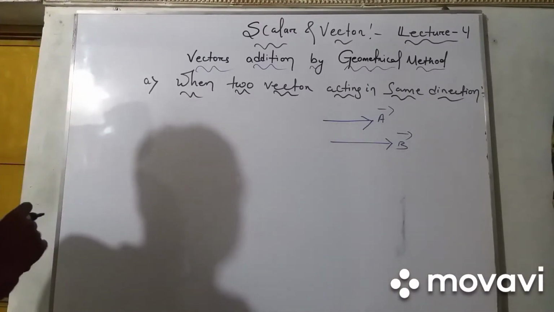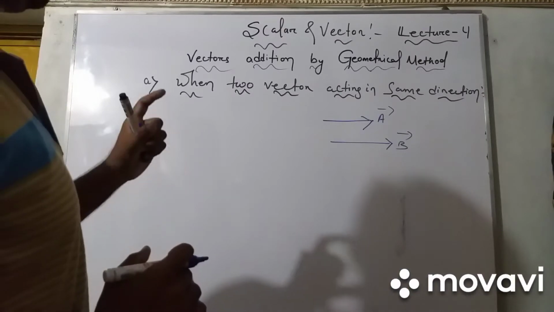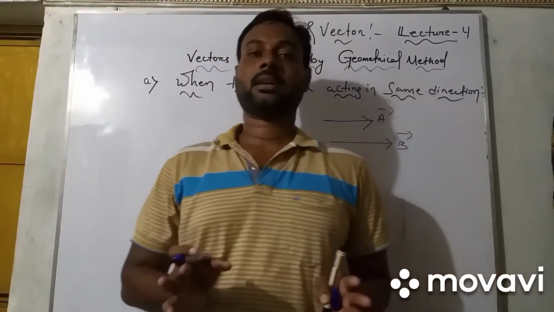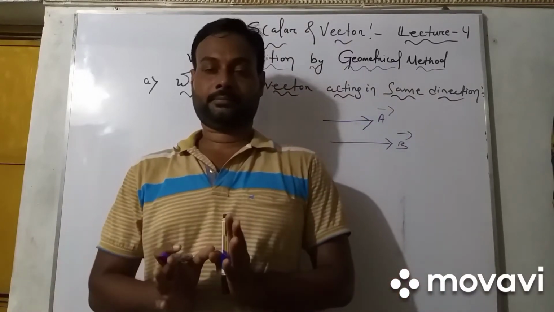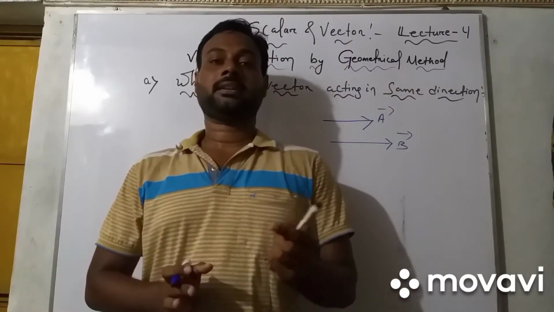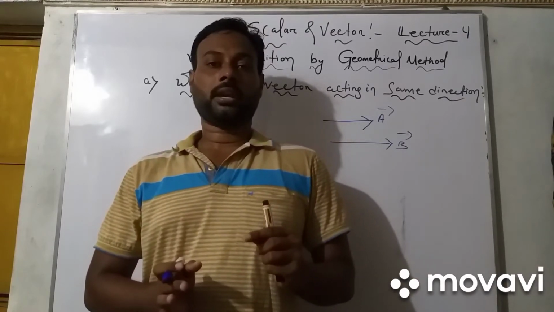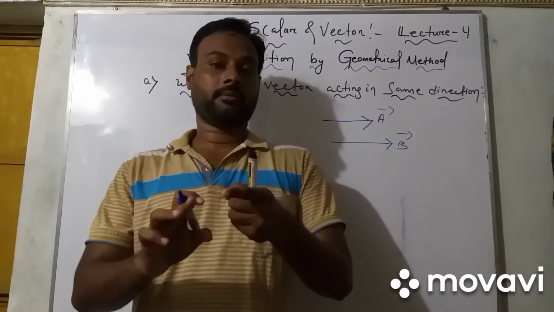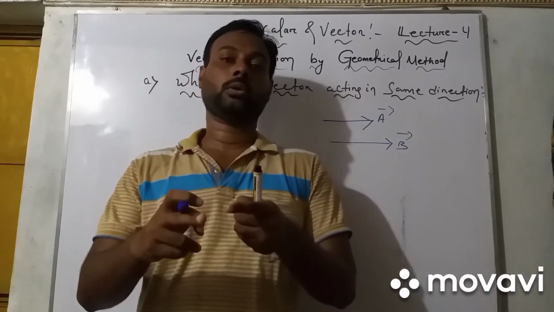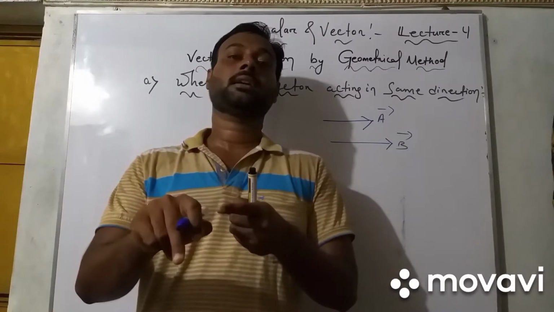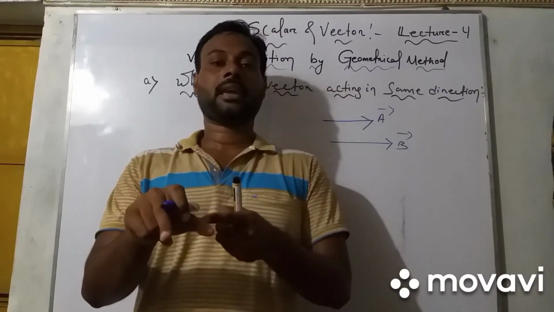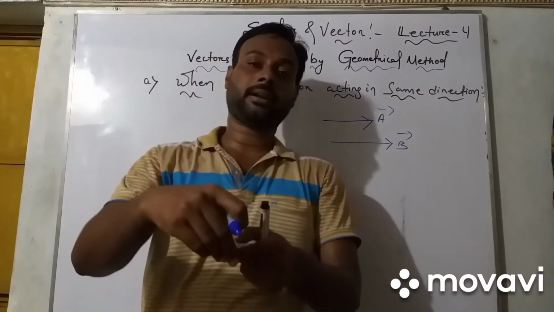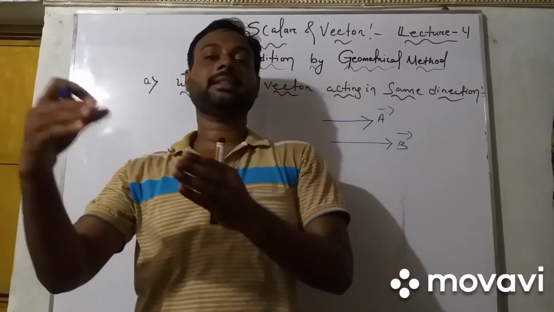So according to the general rule, if a number of vectors are represented in a plane, then if you represent their addition, that means you represent a vector whose head point is connected to the tail of the second vector, again whose head point is connected to the tail of the third vector, so they are acting in the same direction.